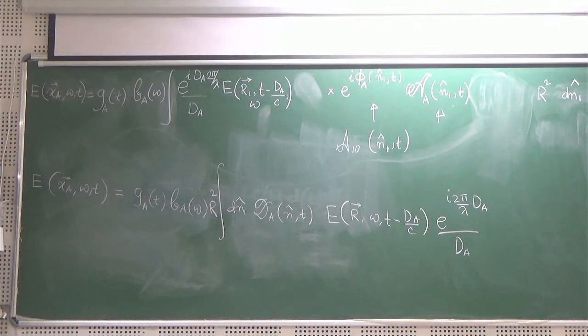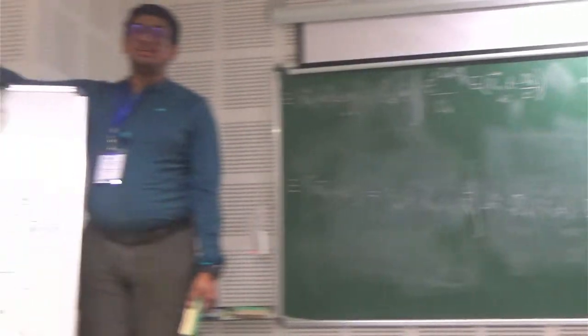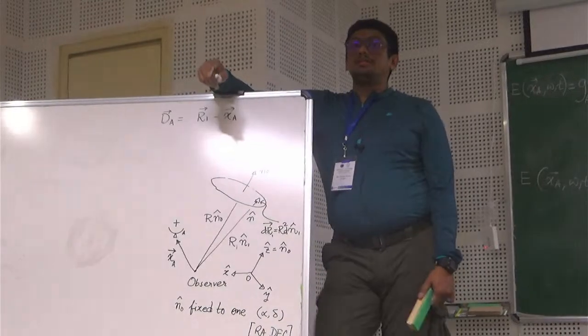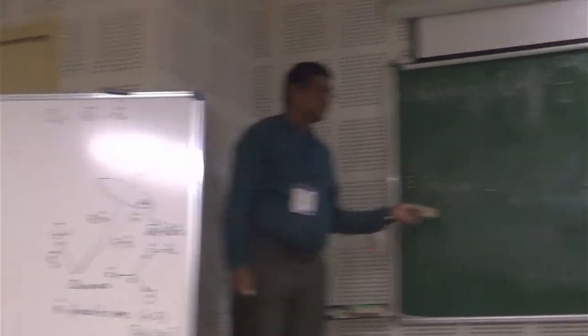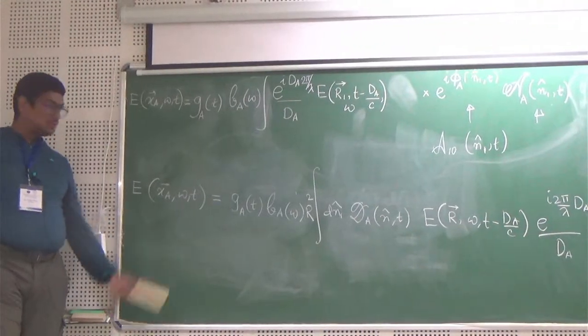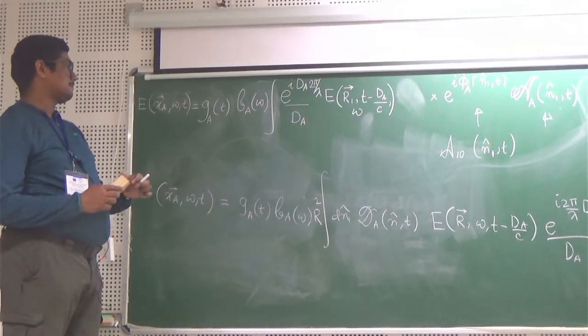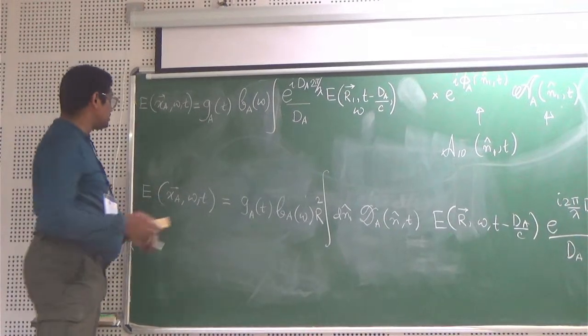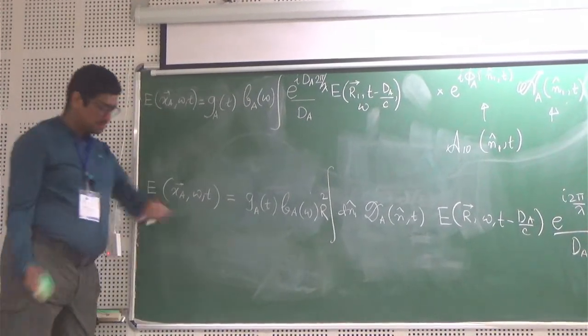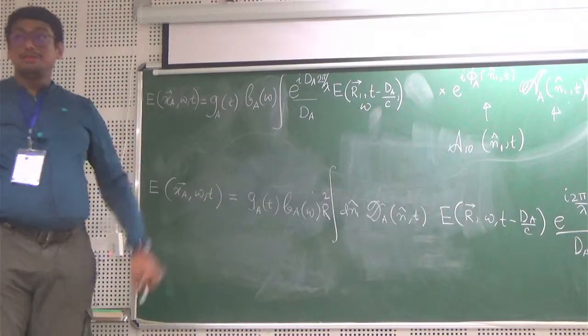That is the electric field detected by one antenna. If you are doing single dish radio astronomy, the thing that you detect is mod square of this. Intensity as measured by a single dish is mod square of this. Any questions?